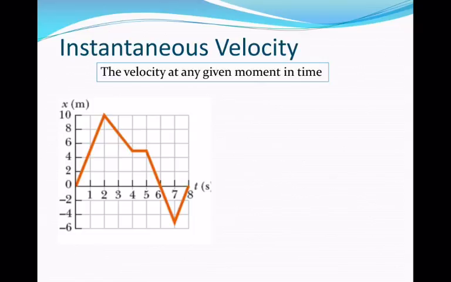Okay, so here's a graph of position versus time. How could you tell what the average velocity was at, let's say, the first second? So if I'm looking at this and I say, okay, here's the first second, here's where it is on the graph, how are you going to tell what the instantaneous velocity is right then?